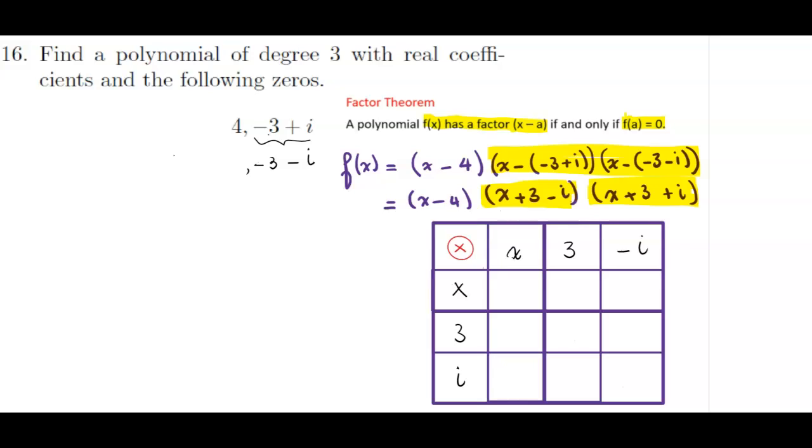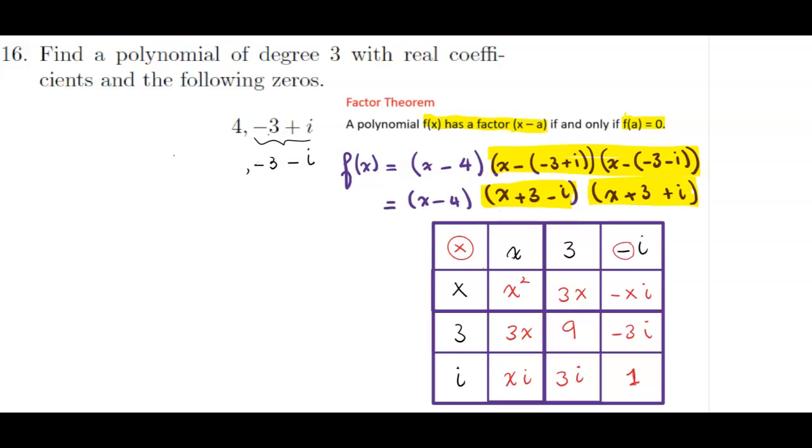Now, whenever I do the multiplication, those are my terms in red. It's going to be x squared. Here it's going to be 3x minus xi. The second row is going to be 3x, 3 times 3 is 9, 3 times minus i is minus 3i, and then multiply everything by i now, so it's going to be xi, 3i, and minus i times i. I times minus i gives you minus i squared, i times i is minus 1, and minus 1 times this minus is going to be plus 1.